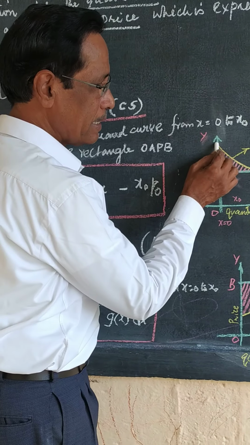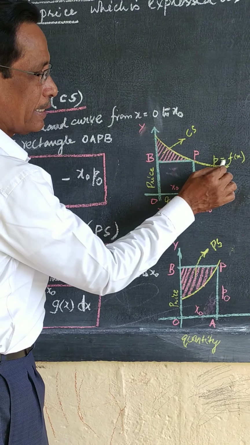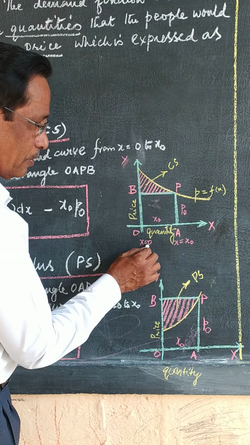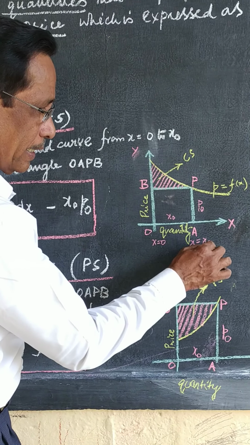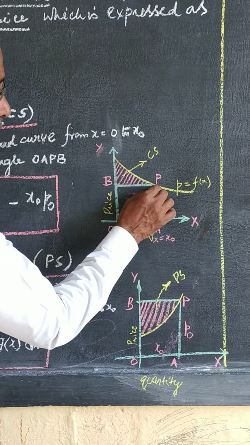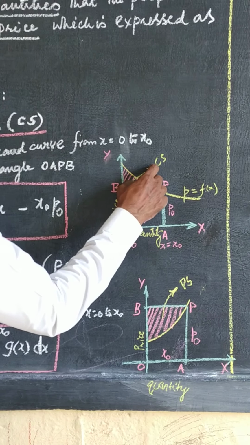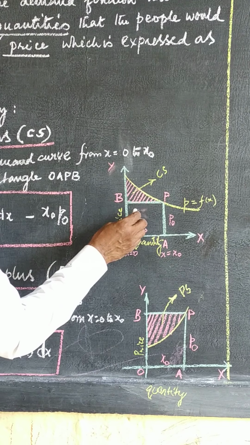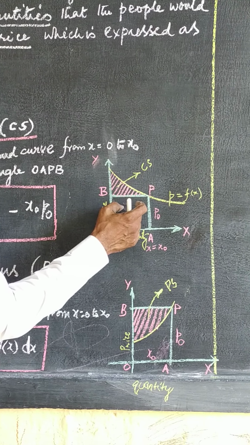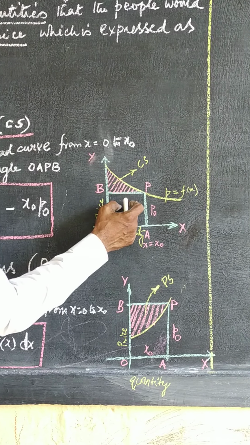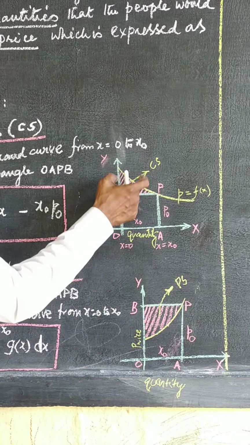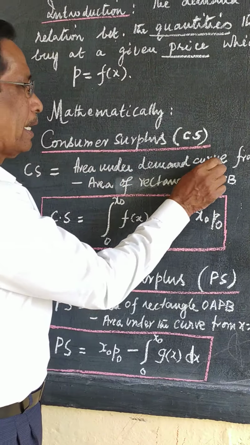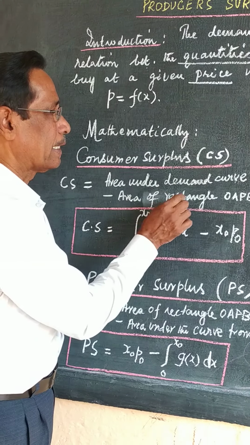Now, if this is the curve, that is P is equal to f(x), under this curve x is equal to 0 and x is equal to x naught, we are going to find out the consumer surplus under the curve. So we have to subtract the area of this rectangle, and therefore it is given as area under the demand curve minus area of rectangle.